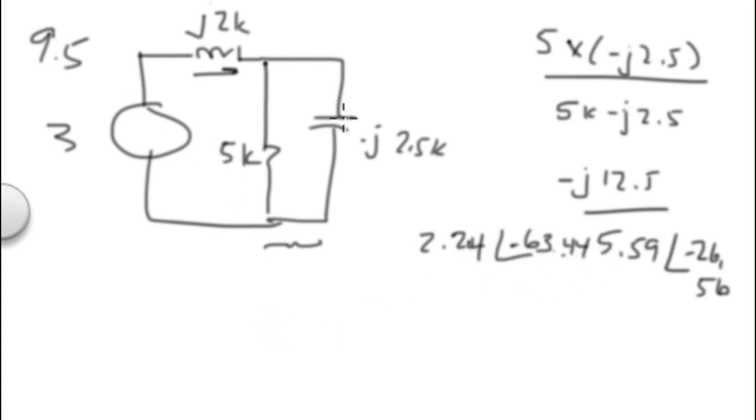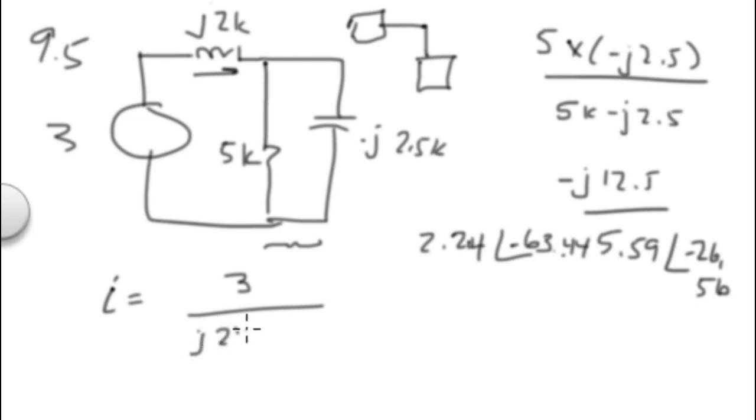Now, what is our I? So our I up here would be going through here and then down through here. This would be my combined resistance, so now we're in series. Basically I is equal to 3 over J 2K plus 2.24 at angle minus 63.44 degrees. So we've got this, which is imaginary, and this, which is the combined part.